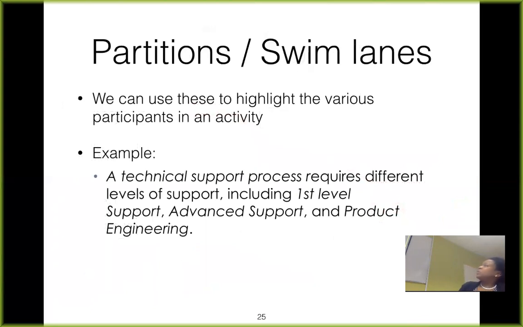We can use these to highlight the various participants in an activity. That's partitions or swim lanes. And I suspect that maybe that is what you're talking about. The other thing that sounds like what you're mentioning, Shanika, it sounded like you might be talking about sequence diagrams.